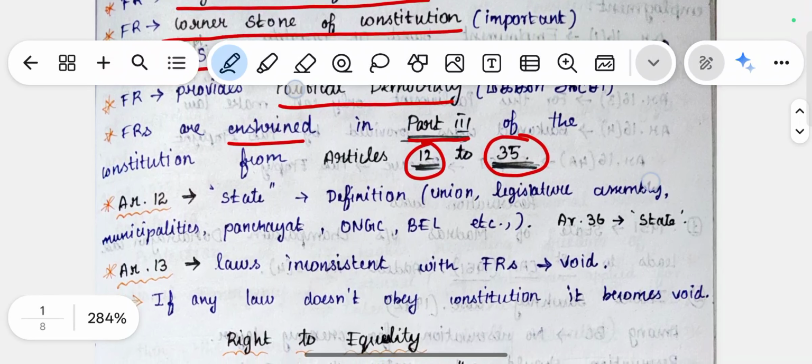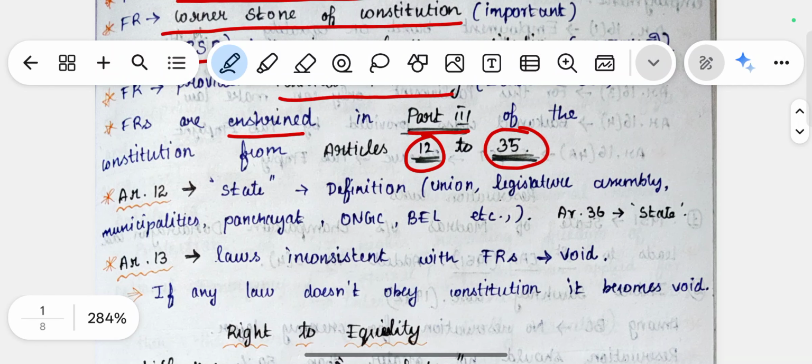So let's start with the articles. Article 12 states the definition of the state. Here the state is mentioned in different forms. For example, in a particular article, if there is a matter between a person and the local state government, then state means the regional state is denoted, for example Tamil Nadu, Kerala and some other states.